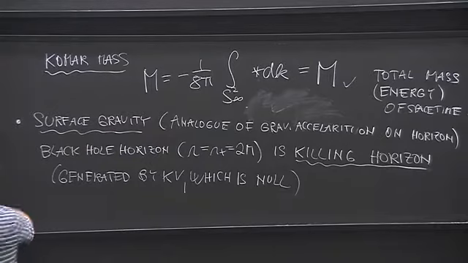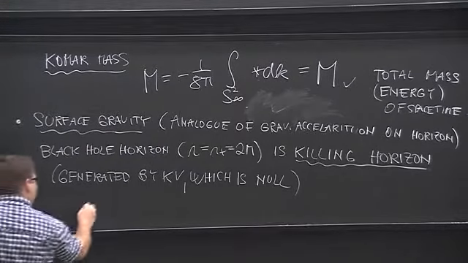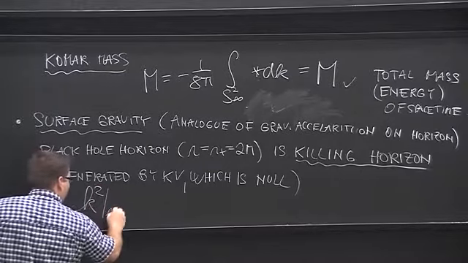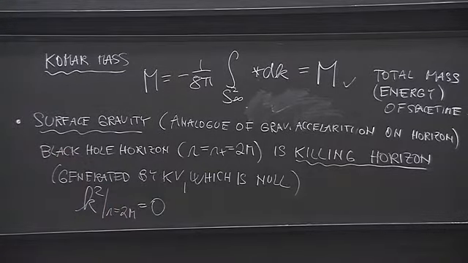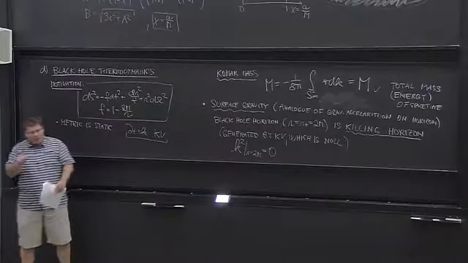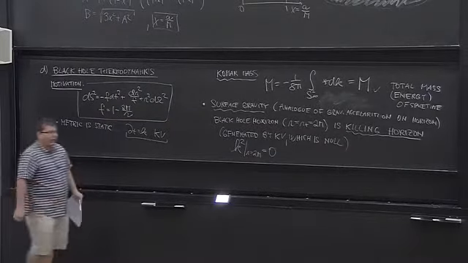So the statement is precisely that this ∂_t Killing vector satisfies on the horizon k² = 0 when r = 2M, but also the normal to the surface r = 2M is given by k.